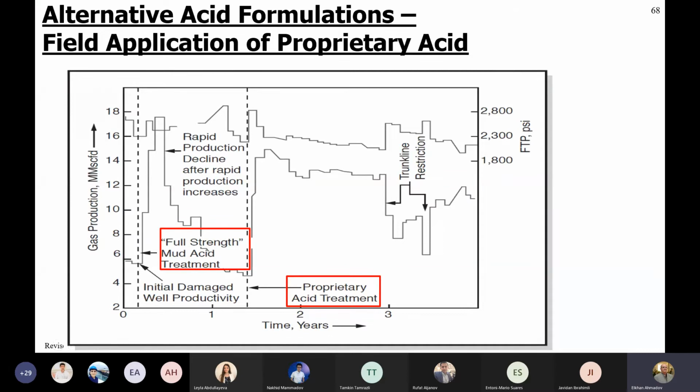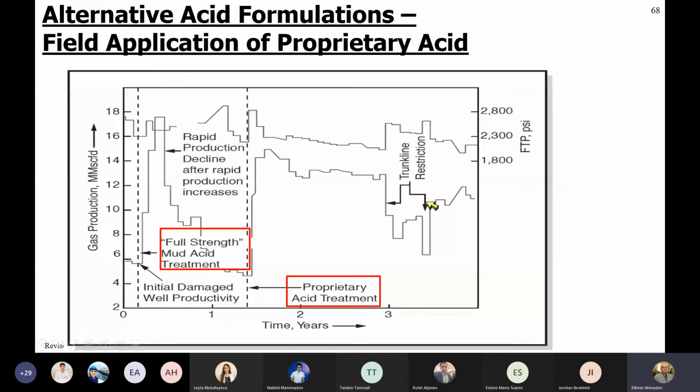And when they applied proprietary acid treatment, or their own acid formulation, the increase in production was more sustainable and lasted much longer. And these are the trunk line reduction restrictions.